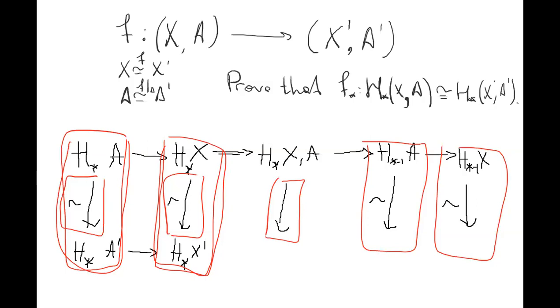This happens because in the case of problem 2 from your homework, these squares are not commutative.